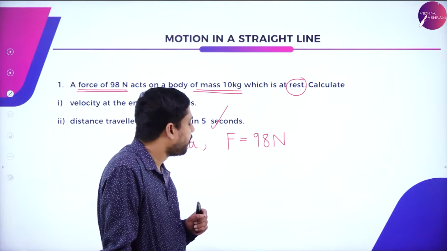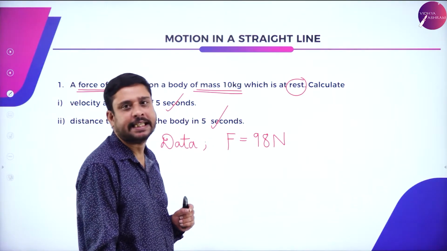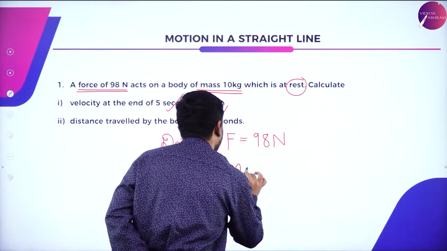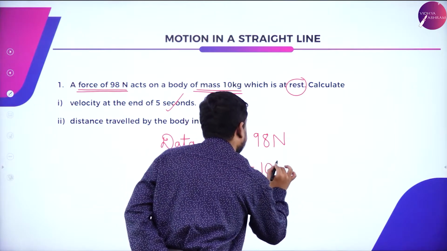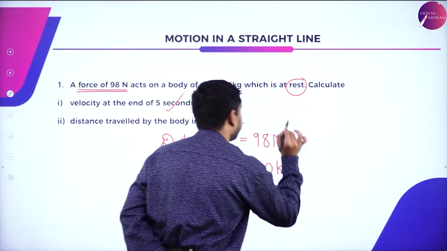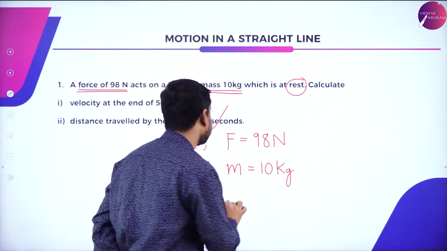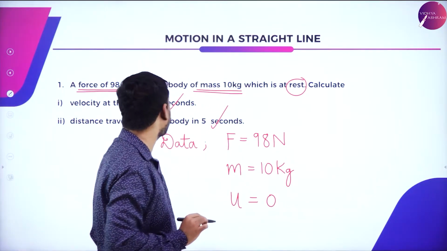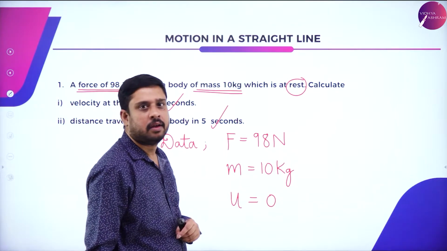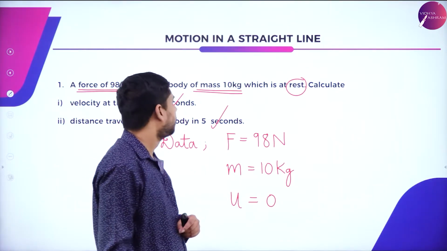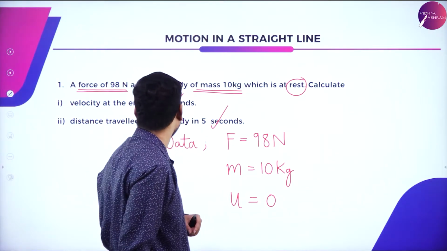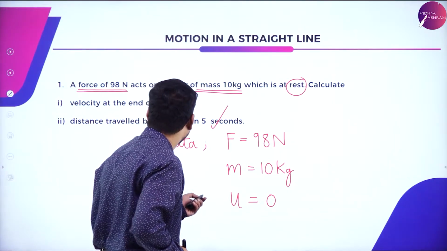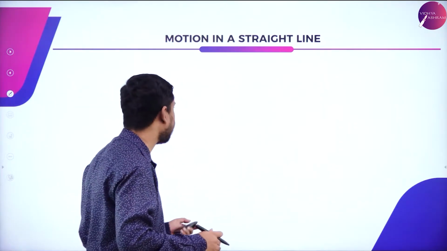A force of 98 Newton acts on a body whose mass is 10 kg and it is at rest, which means initial velocity is 0. I have to calculate the velocity at the end of 5 seconds, and the distance traveled by the body in 5 seconds.